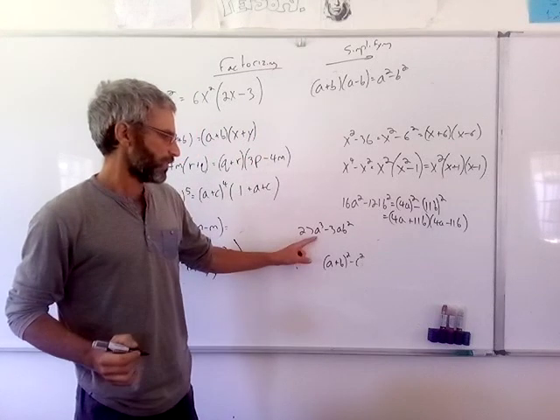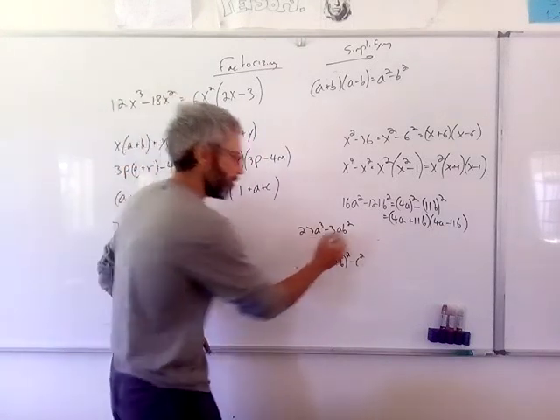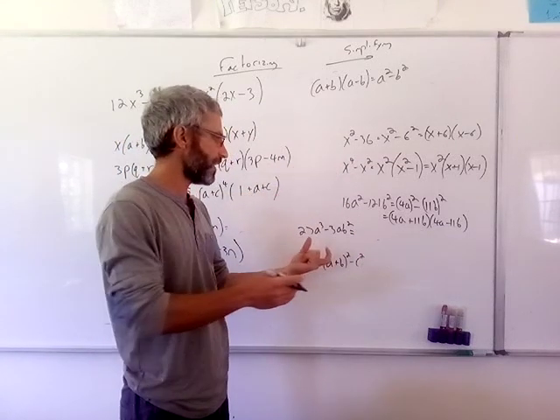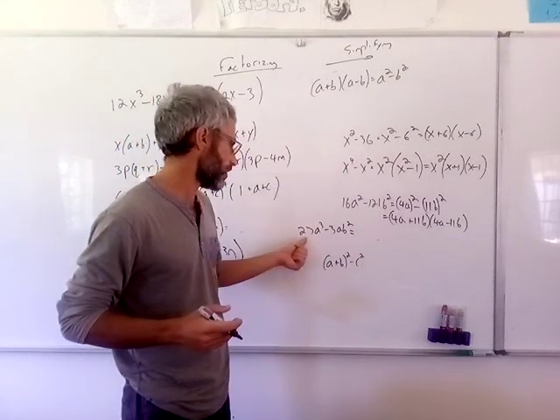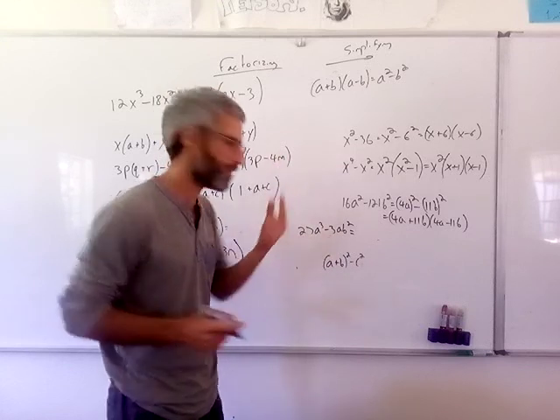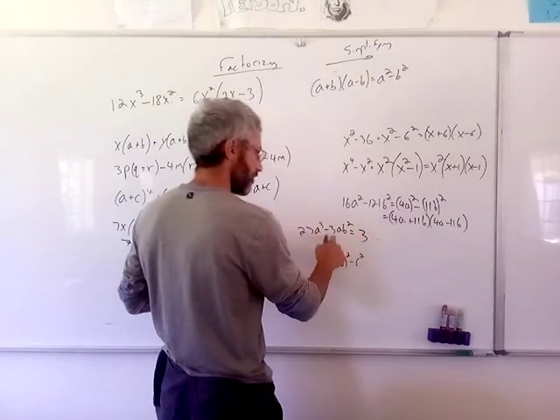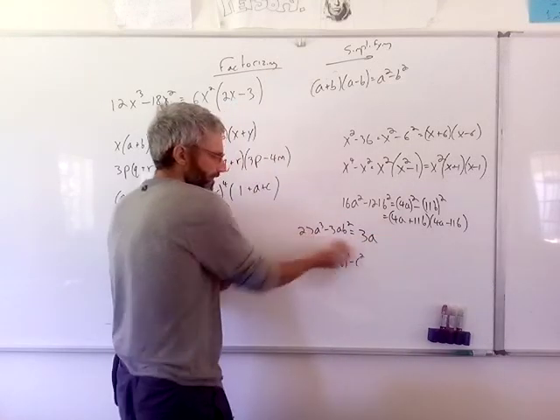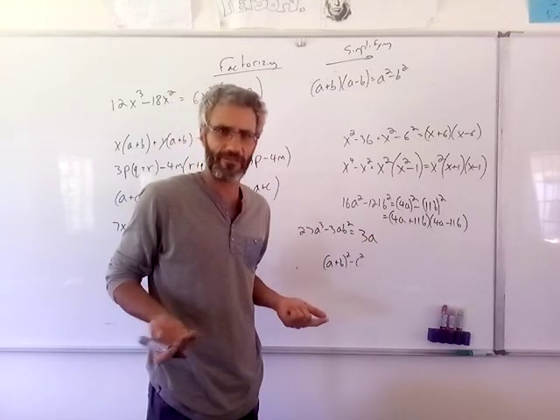Okay. Similar thing, but another letter. So, as I told you already, it's worthwhile, first of all, to get any common factor. So, I've got a 27 and a 3. So, I know a 3 is a common factor. And also, I've got an a in both of them. So, I'm going to take 3a. Because as you look at this now, it doesn't look like a difference of squares.